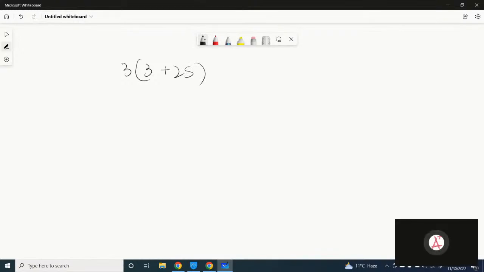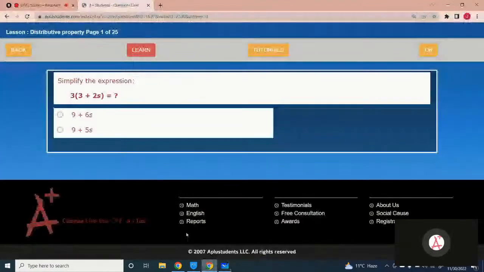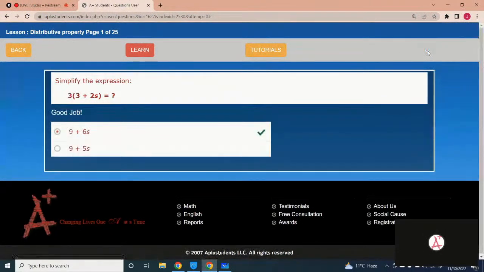So 3 is multiplying this 3 and then multiplying this one. 3 times 3 plus, the number written outside the bracket is multiplying the numbers written inside the bracket. Got it? It would be 3 times 3, which is 9, and then 3 times 2s, which is 6s. So it would be 9 plus 6s. Just select the correct option and then click on the OK button. Got it?